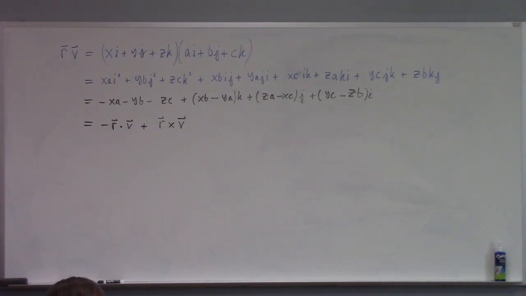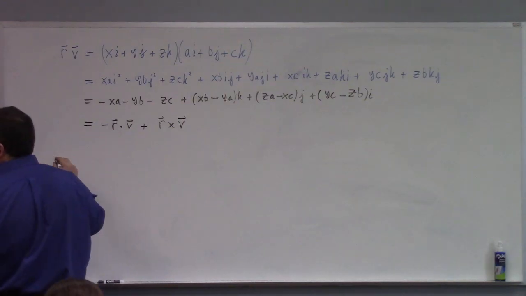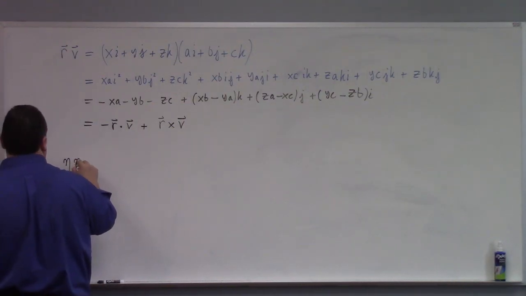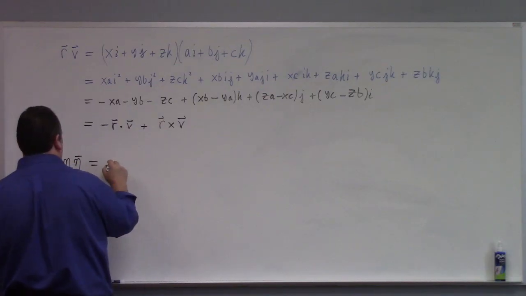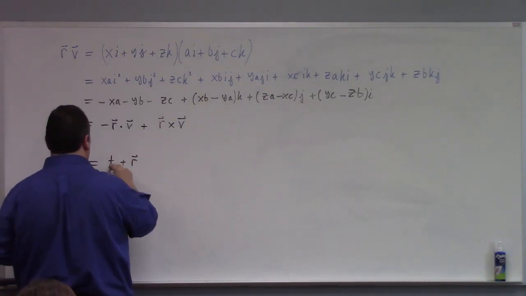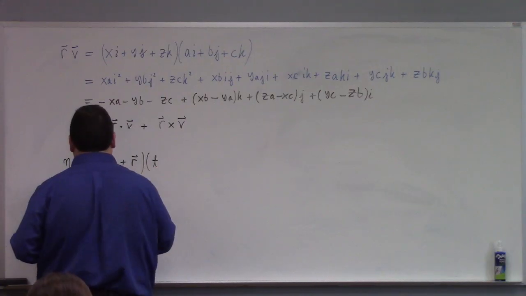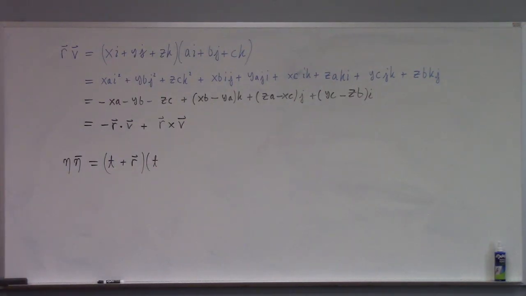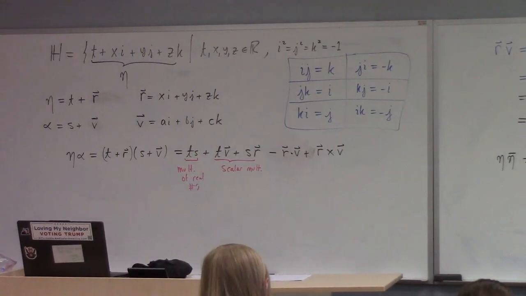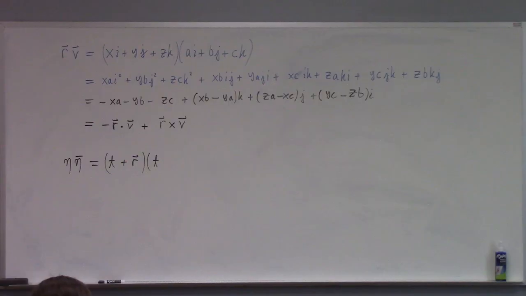Now, if we look at, for example, eta times eta conjugate, what would that be? What should the quaternionic conjugate of a quaternion be, do you think? I heard t minus r. We have a winner. That's exactly what you do. And what happens when you multiply those out?